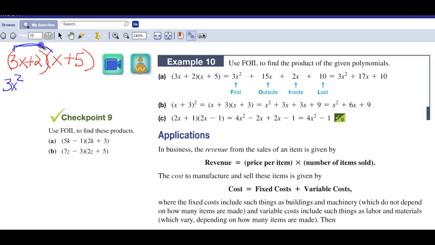Now you have your outers, which is a 15x, and your inners, which is a 2x, and that you can mentally add those together and get 17x. And then you have your last, which is a plus 10. And we did that well. We copied it correctly.